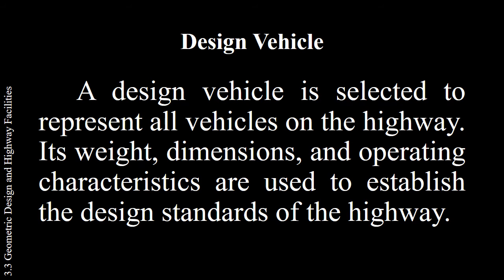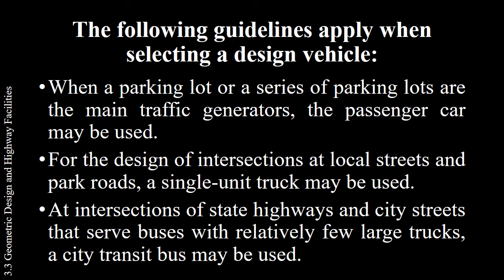Next, design vehicle. A design vehicle is selected to represent all vehicles on the highway. Its weight, dimensions, and operating characteristics are used to establish the design standards of the highway. The following guidelines apply when selecting a design vehicle. First, when a parking lot or a series of parking lots are the main traffic generators, the passenger car may be used.